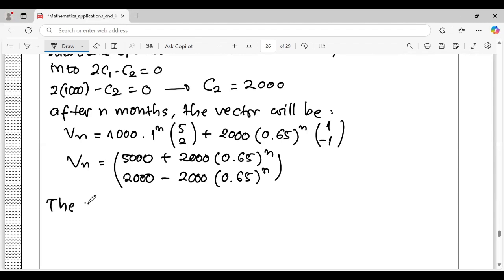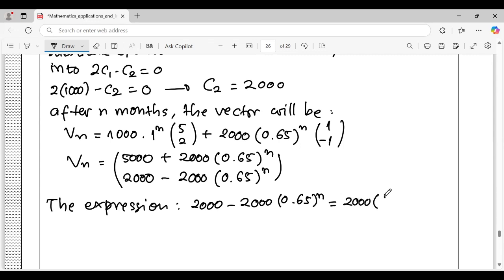According to the request, the expression is 2,000 minus 2,000 times 0.65 to the power n, or 2,000 times 1 minus 0.65 to the power n.